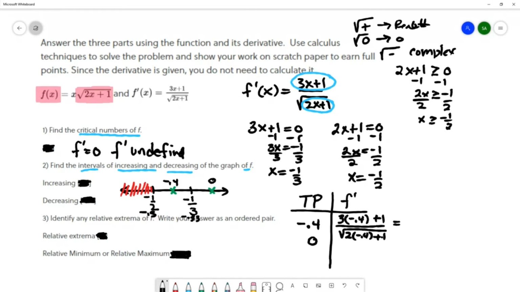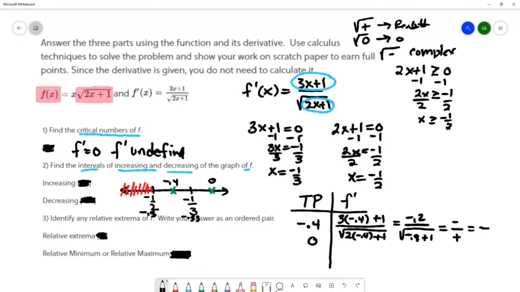So we want to think about whether that's positive or negative. 3 times negative 0.4 plus 1 gives me negative 0.2 in the numerator. And in the denominator, we have 2 times negative 0.4, which is negative 0.8, plus 1. So that's going to give me a positive in the denominator. So we have a negative divided by a positive, which is a negative.